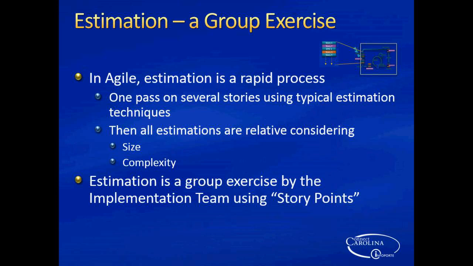We do estimation rapidly, right? In the case of, and this is primarily a Scrum story, for the first couple passes through as you're learning as a team, you will probably use some typical estimation techniques that we would use today to kind of roughly size effort for each of the stories, right?